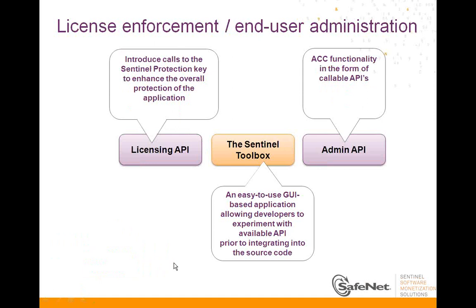The Sentinel Toolbox serves as a training demonstration tool for Sentinel API, allowing you to display the source code generated for each function call. This includes all the data objects required to execute the specific function call.